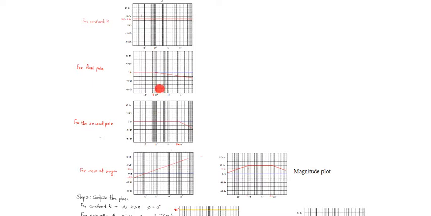Up to 5, this is continuously increasing with a roll-off rate of 20 dB, whereas this is constant. At 1, 10 raised to 0 means at 1, the magnitude of this becomes 0, and this is 26.